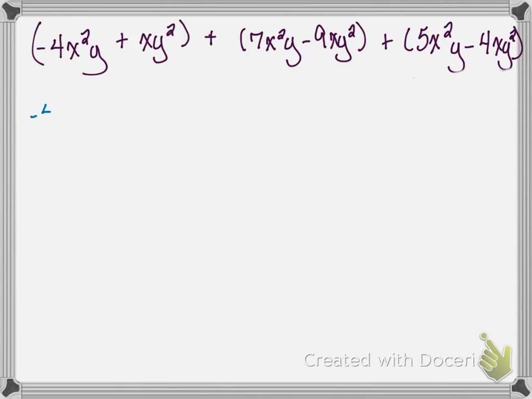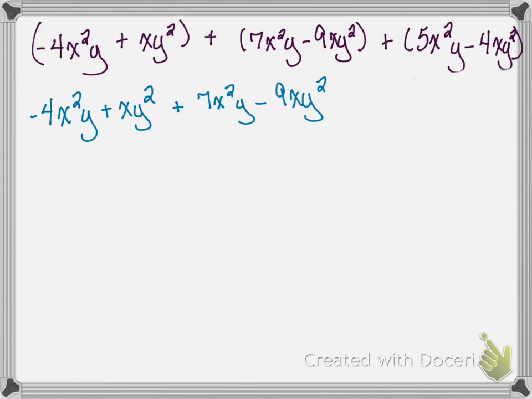So I have negative 4x squared y plus xy squared plus 7x squared y minus 9xy squared plus 5x squared y minus 4xy squared.